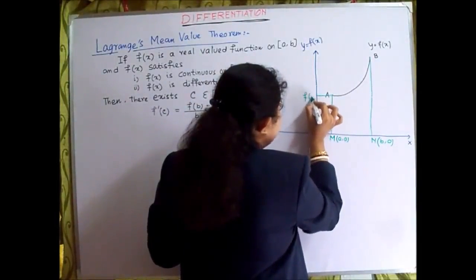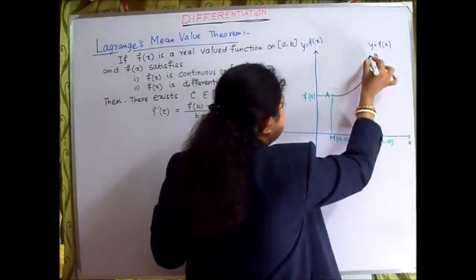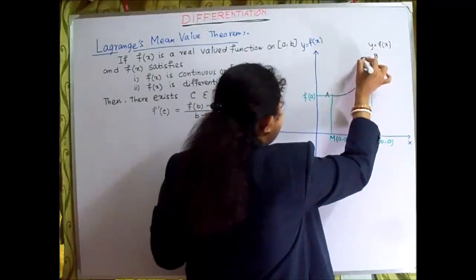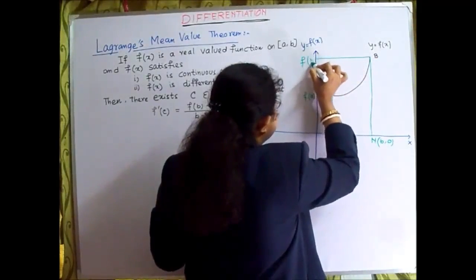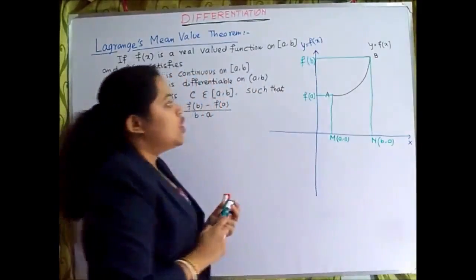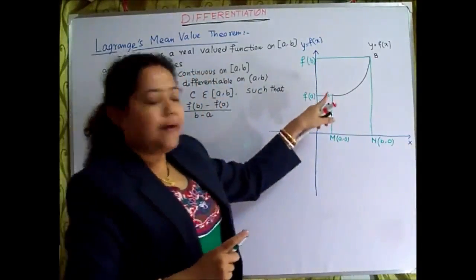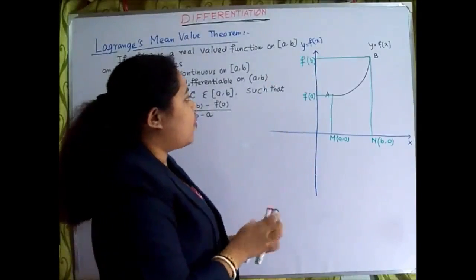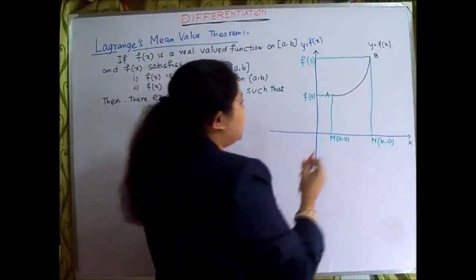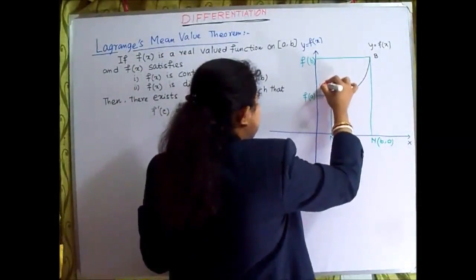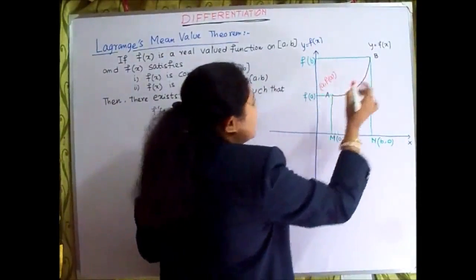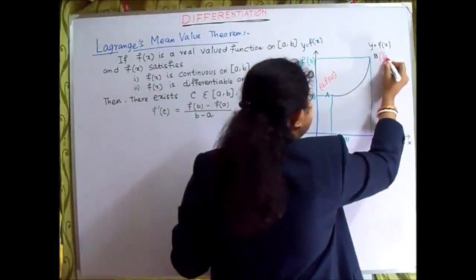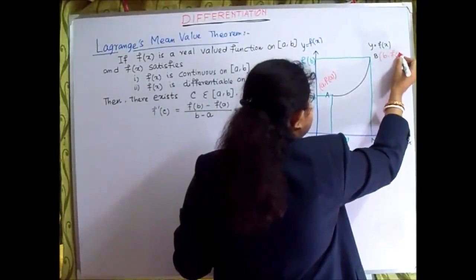This is f(a). And what is the value of this point? This is f(b). So what is the coordinate of A? From the graph we can write the coordinate of A is simply (a, f(a)), and the coordinate of B is simply (b, f(b)).